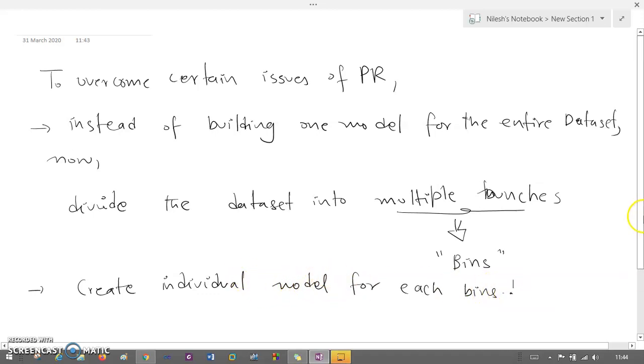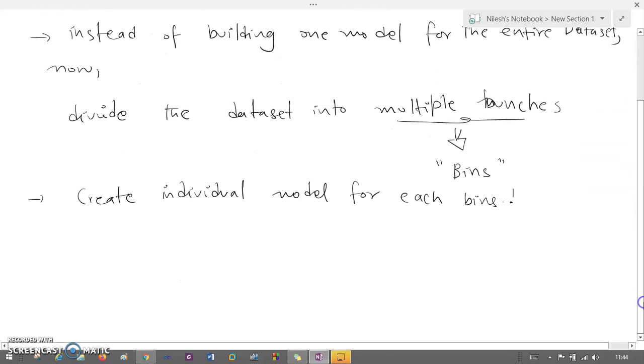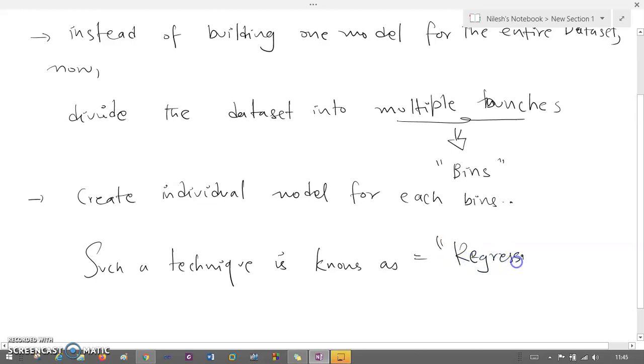This complete thing is known as a technique called regression spline. Okay, regression spline. So this is the topic that we are doing here. This is a regression spline, and it is one of the most important nonlinear regression techniques.